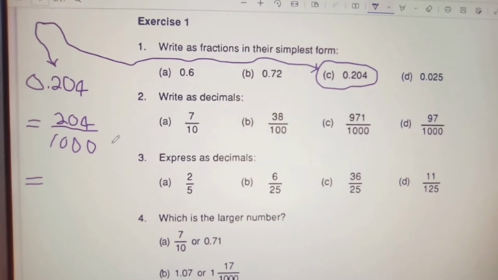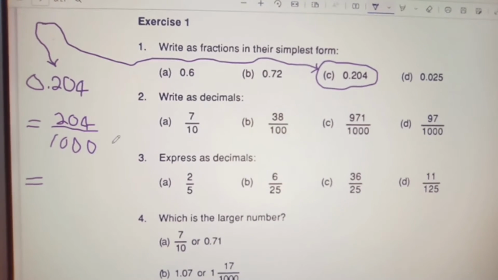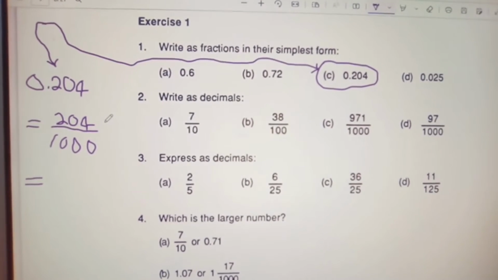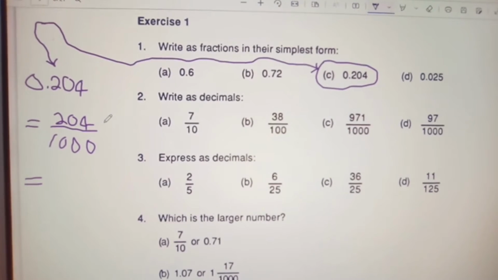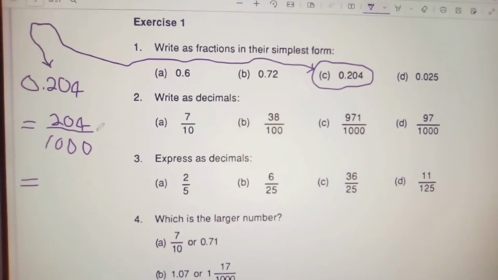Okay, so 204 divided by 4. I can get away with dividing 204 by 4. Will 1000 divide by 4?